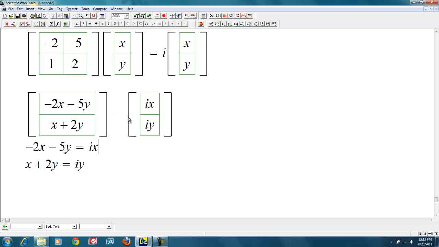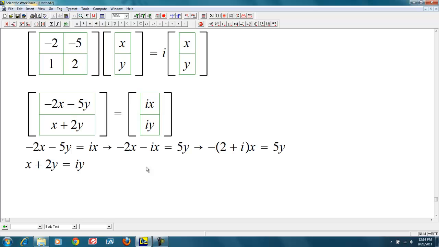This one means this. See this here. Let's bring ix to this side, and let's put x's on one side and the y's on the other. Is that good? And then we have equals what? 5y, right?